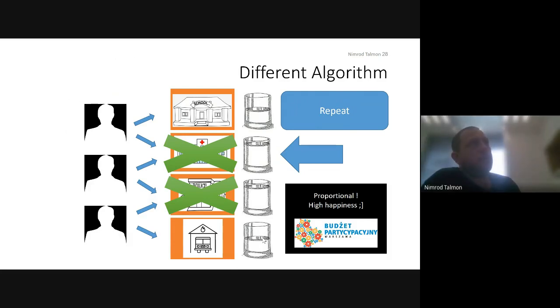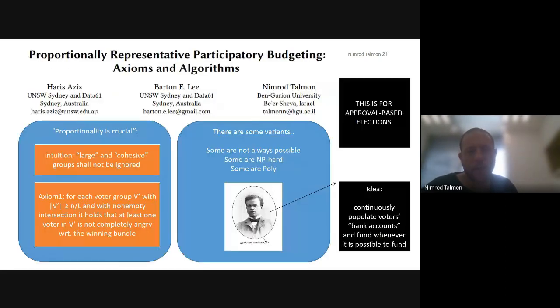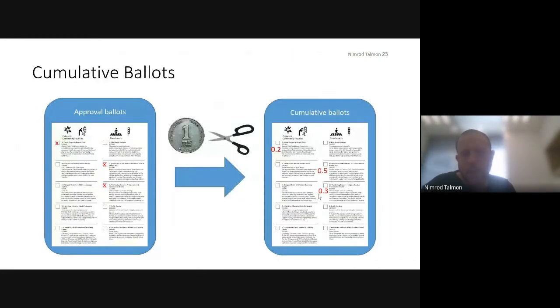Okay, I see it. I think your question combines several relevant aspects. One of them is that the standard setting is that all of the voters know the cost of all of the projects. So, for example, I will go back. Even here you can see that each project has a price tag in its description.